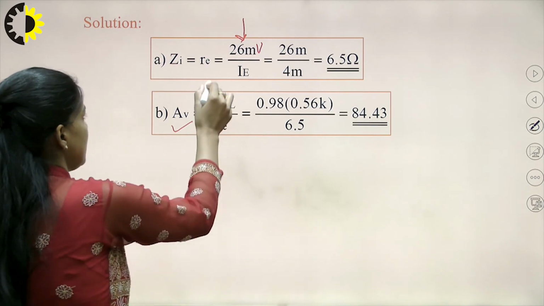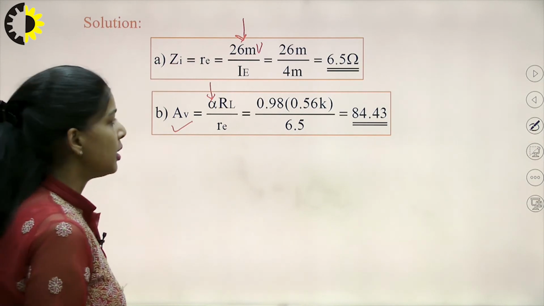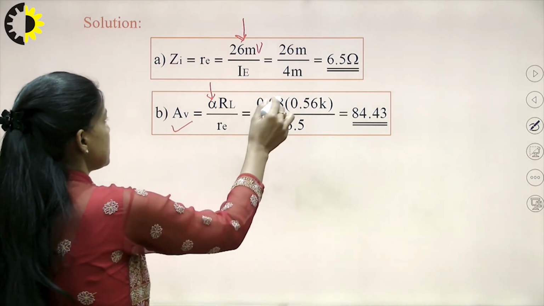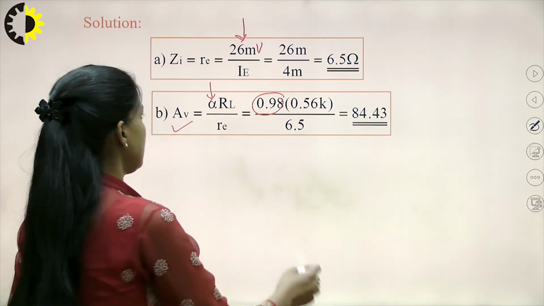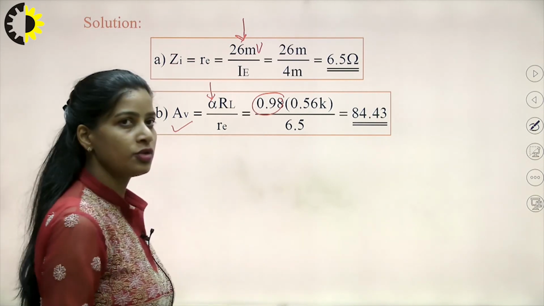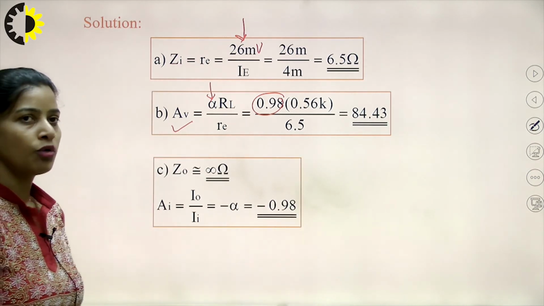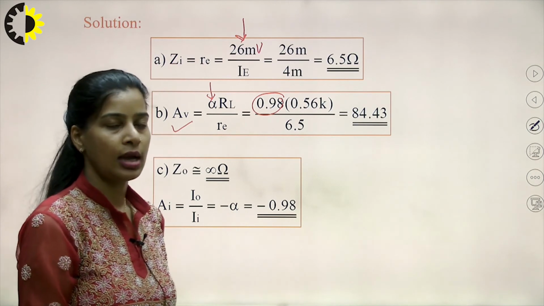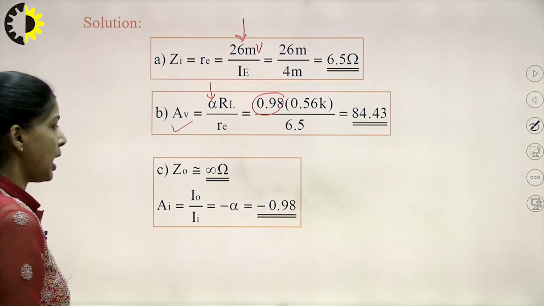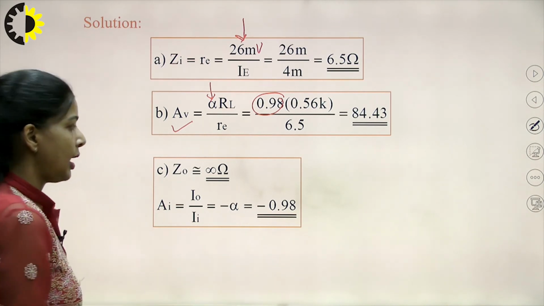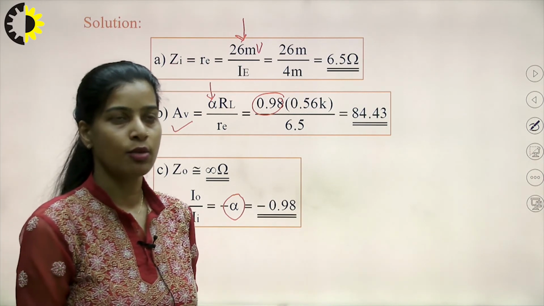If we take this alpha as 1, this will be RL upon re, but here with this numerical problem it is given that alpha is 0.98. So by putting the alpha value 0.98, we get 84.43. Output resistance is infinite and the current gain is the ratio of I naught upon I input, minus alpha, and alpha value is given as 0.98, so it will be minus 0.98.